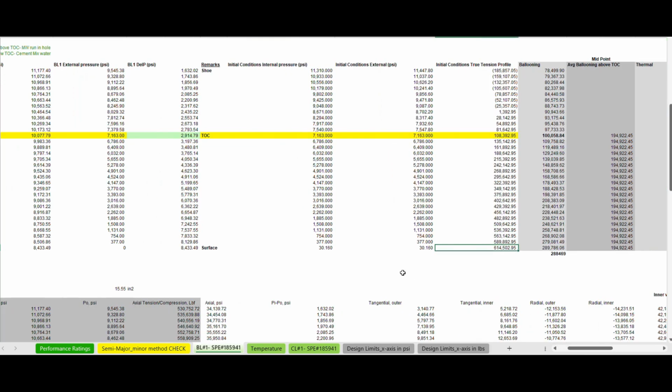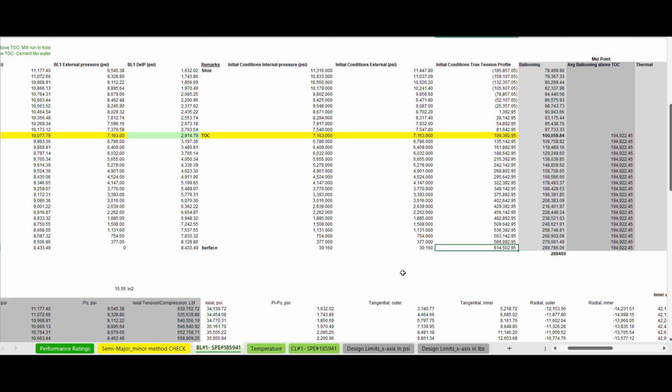So for the ballooning, we know the strain is zero at the cemented interval. However, above the cemented interval is not an exact or accurate value. Overall, I think for the tension, because you have such a large design factor in tension or compression of 1.4, you are taking the uncertainties into consideration.